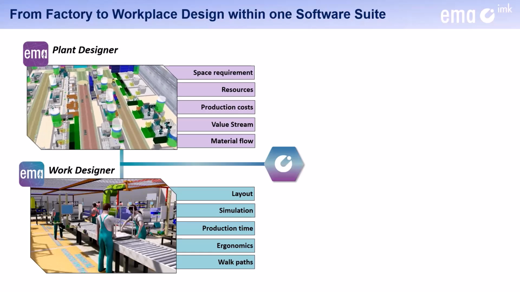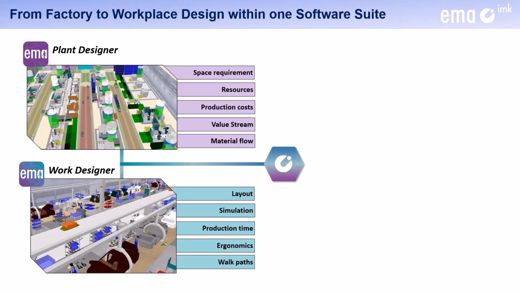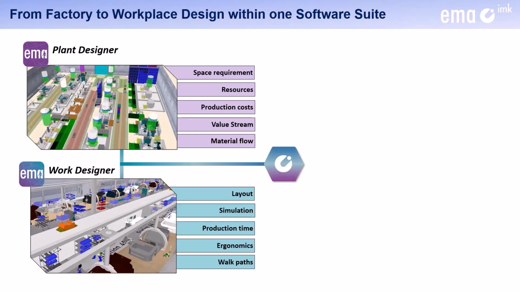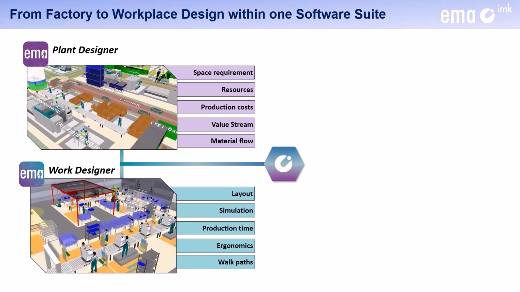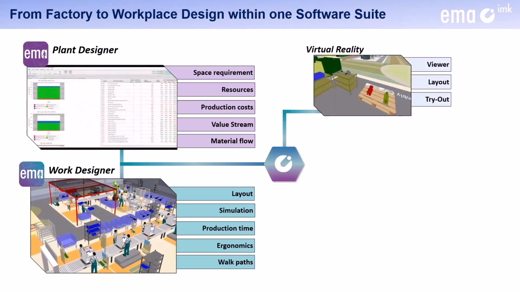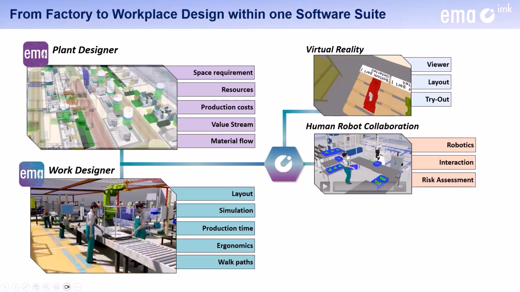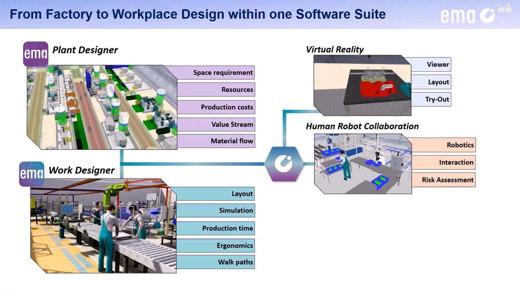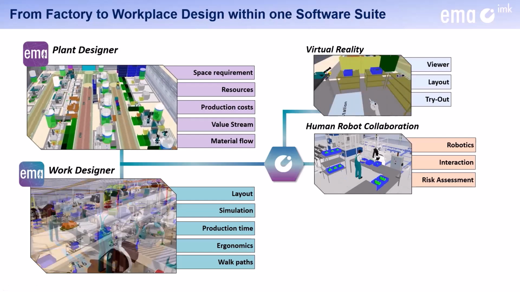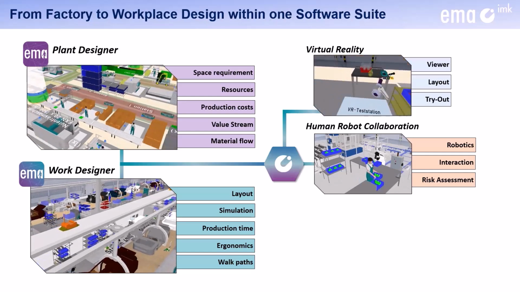That means our users can first plan a factory and then go into the details of designing work processes and workplaces. We also have more functionalities like virtual reality in our software system, and the topics of human-robot collaboration and robot simulation together with humans, especially for risk assessment in such collaboration.